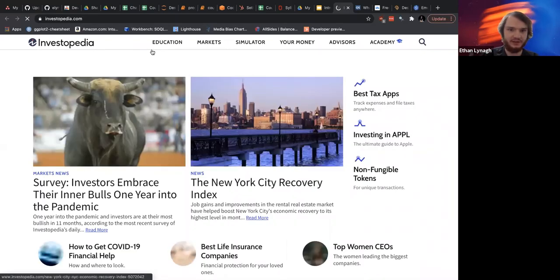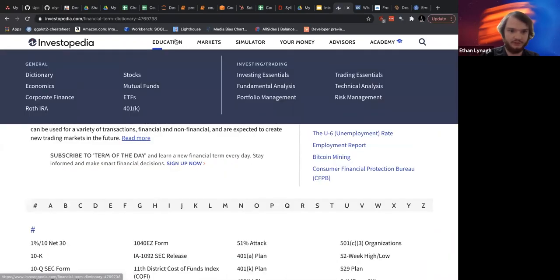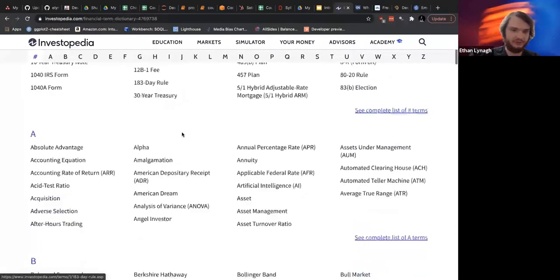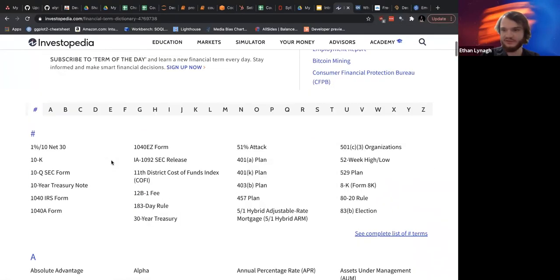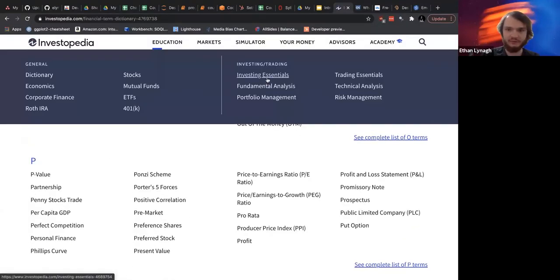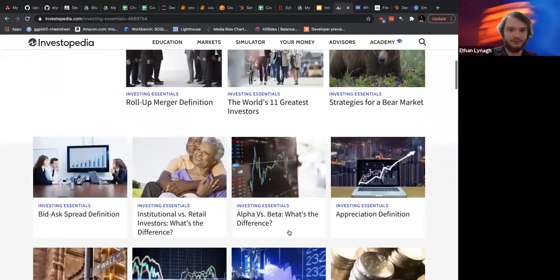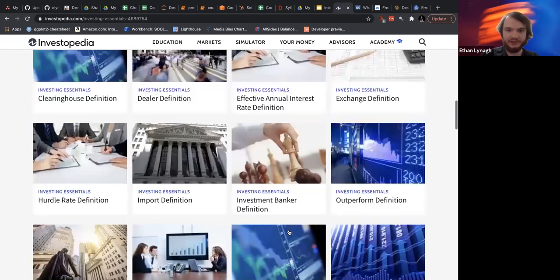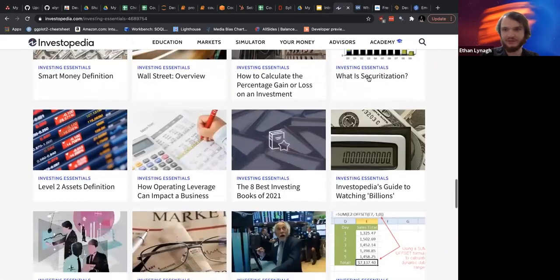There's thousands of articles on here of really good information to run through. You can see there's plenty of stuff here. You have a whole investing essentials section. There's a lot here that you can look at, and it's a big world of financial trading.